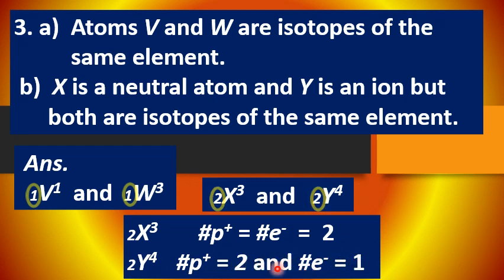So the fact that there is only one electron but there are two protons, that means this atom Y is not a neutral atom. Instead, we say it is a charged atom. And since there are more protons compared to the number of electrons, we say that this atom is deficient in electrons, and therefore we consider this as a positively charged ion.